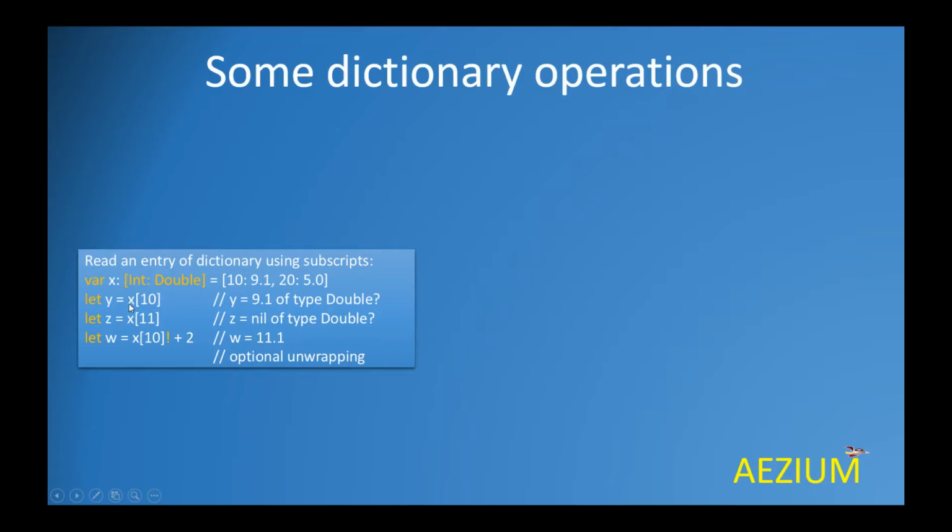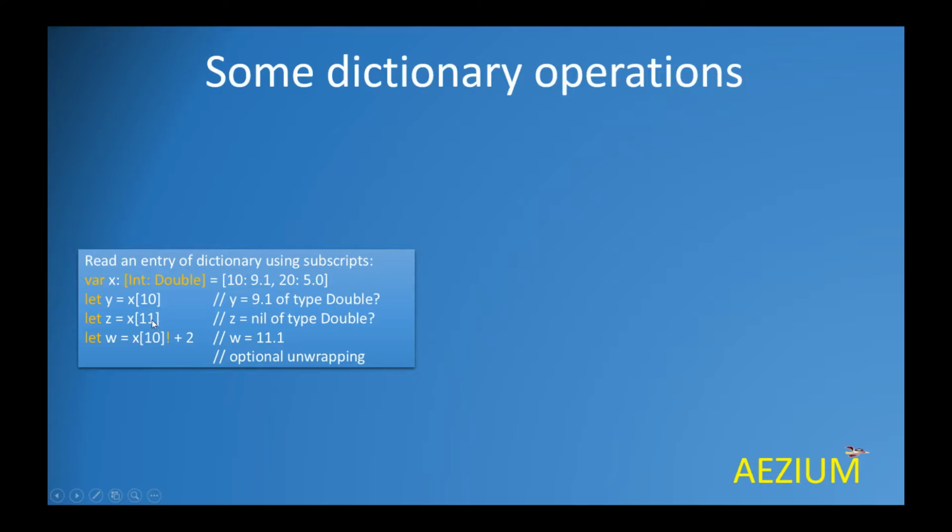So it uses an optional of type double, which is the type of the value of the key value pair, and returns that to y in this example. So this operation would return 9.1, which will be of type optional double. Notice the question mark.